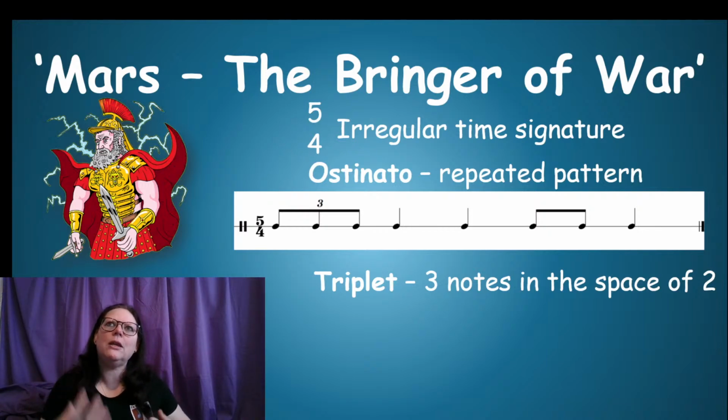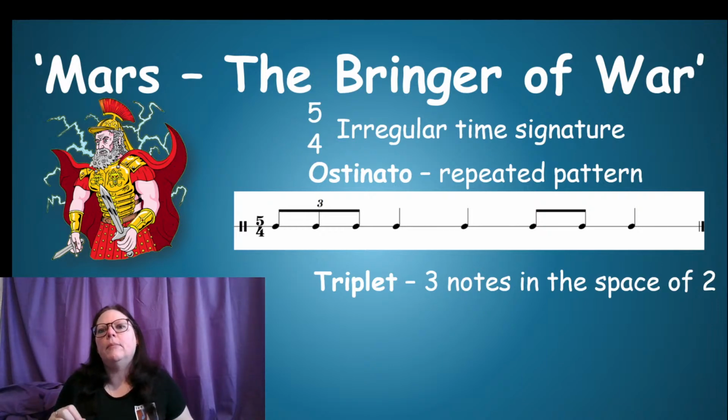And actually, if you think about it in this way, if you think about prime numbers, bit of maths, so 5 is a prime number, isn't it? Because it's only divisible by itself and 1. 7, it's the same thing. It's only divisible by itself and 1.